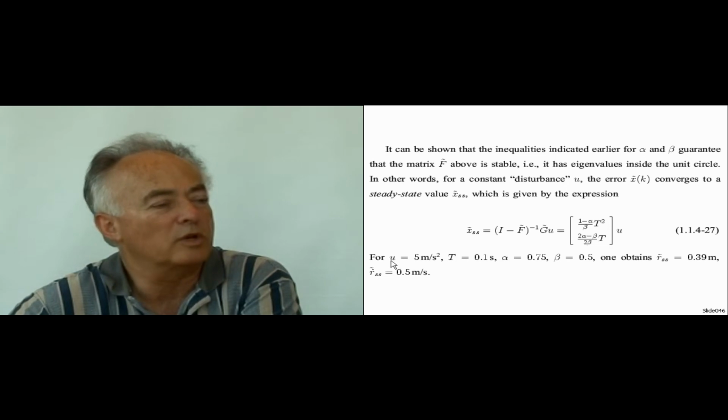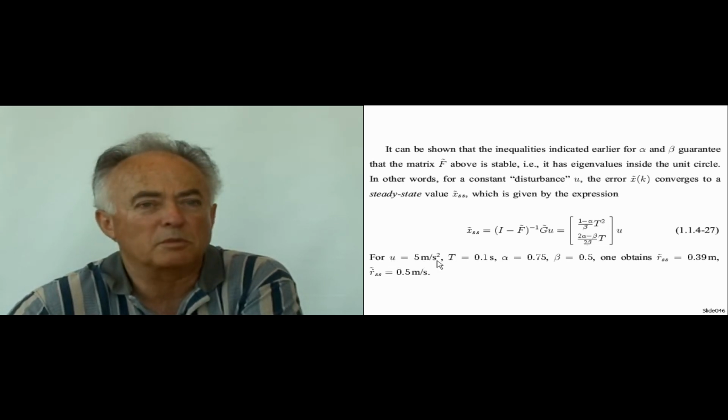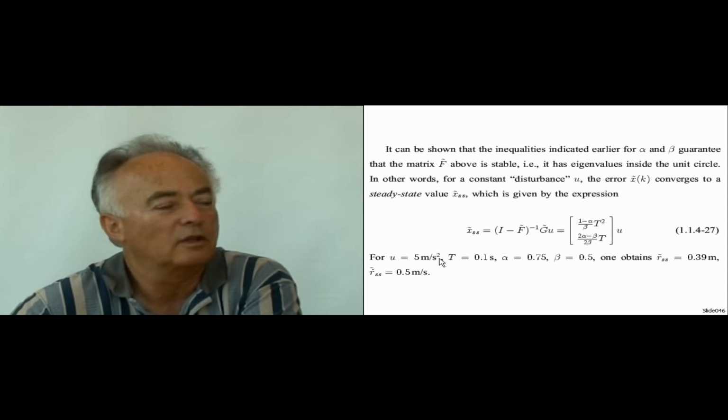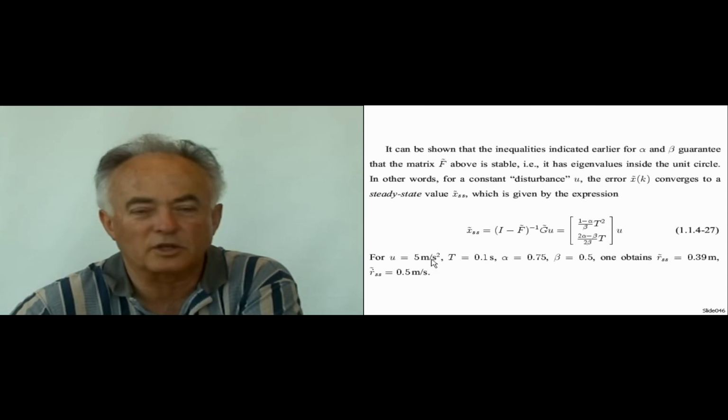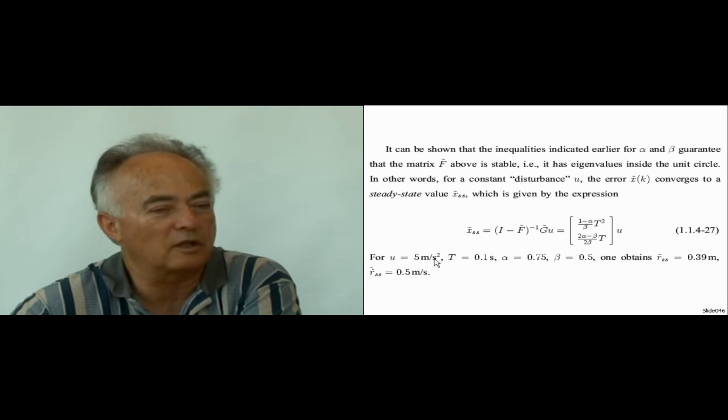If you assume u as 5 meters per second squared, and this is approximately the limit of the ability of a vehicle to decelerate, half a g. Typically, they don't accelerate anything close to that, at least not linearly. Sampling interval 0.1 second.